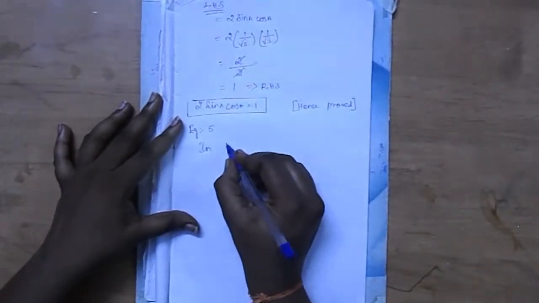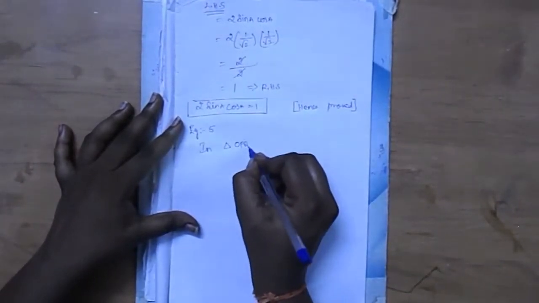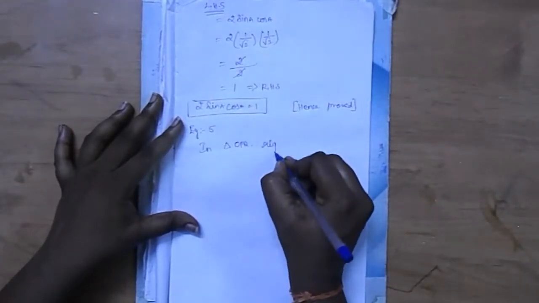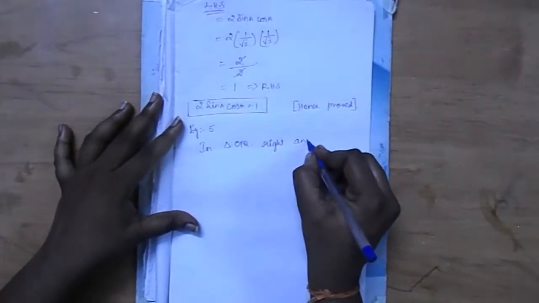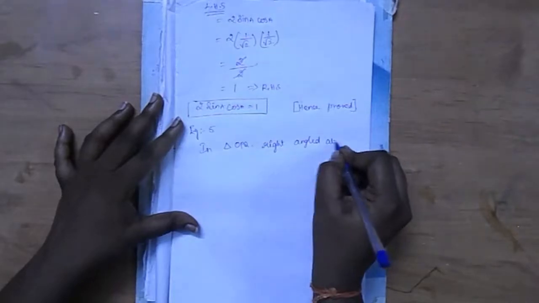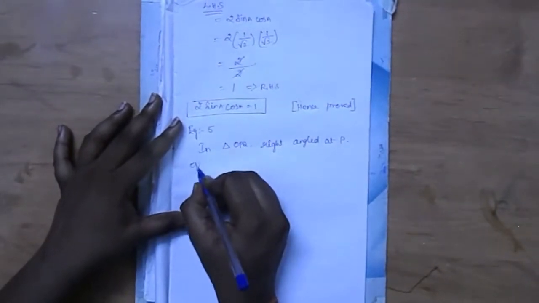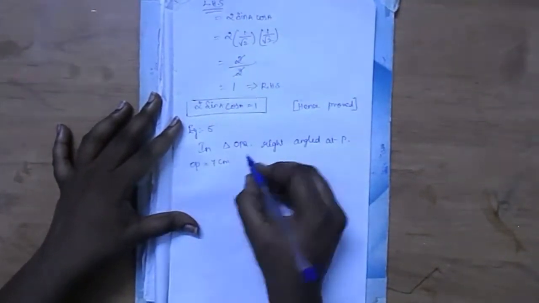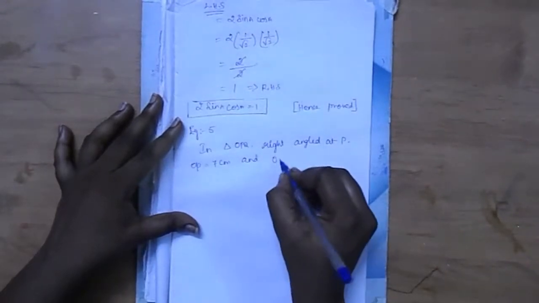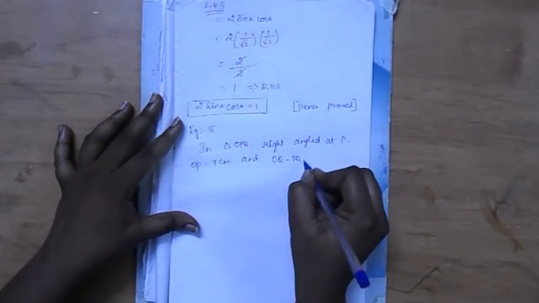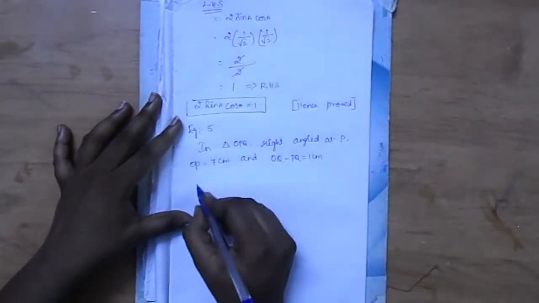Okay. Next, example 5. In triangle OPQ, right angle at P, where OP equal to 7 cm and OQ minus PQ equal to 1 cm.